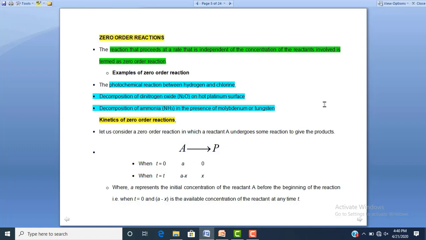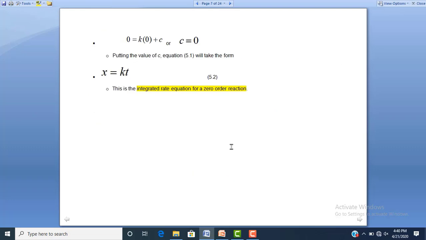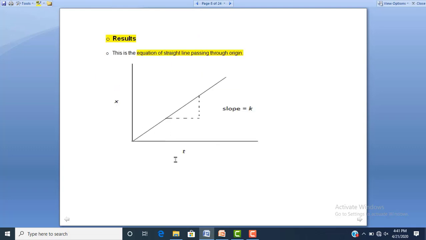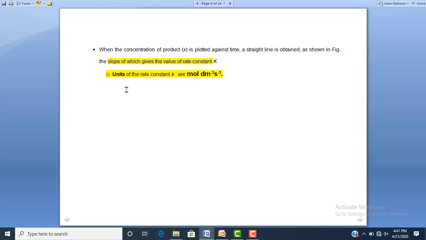In other words, all the light dependent reactions are zeroth order reactions. When we derived the rate constant expression for a zeroth order reaction, we got the final equation x is equal to kt. According to this, if we draw a plot between x concentration and time, we get a straight line that passes through the origin, and the slope of this line will be equal to the rate constant k, while the unit of the rate constant k will be mole per decimeter cube per second.